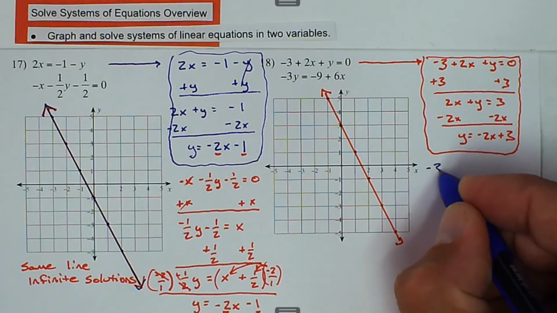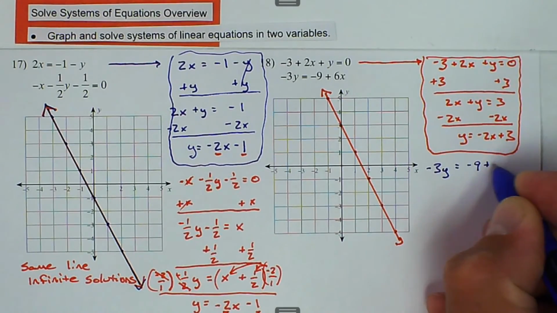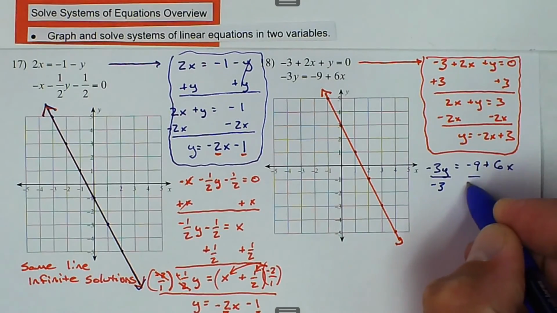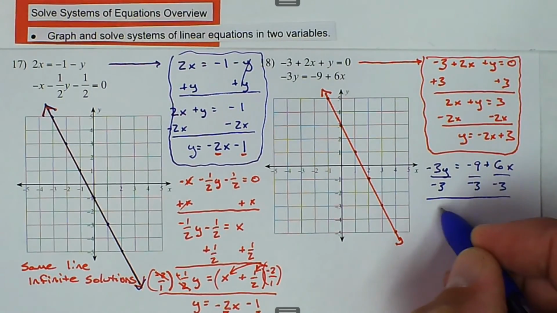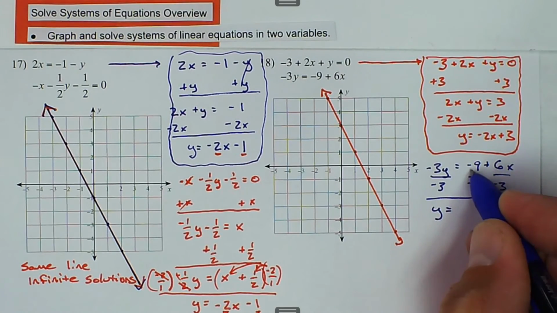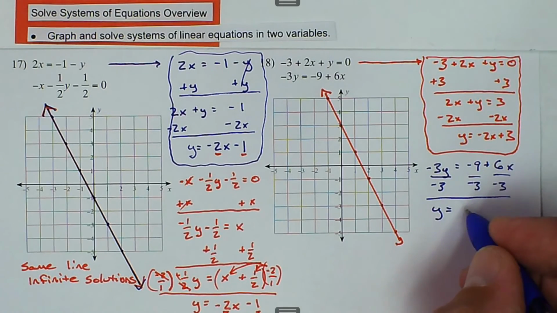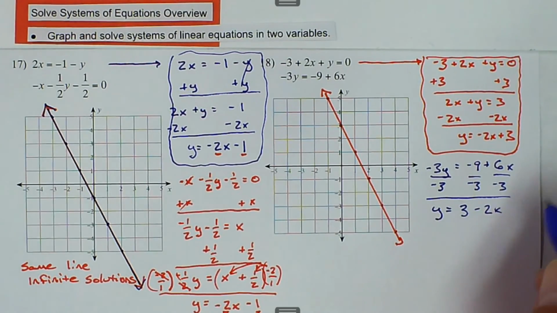So we have negative 3y equals negative 9 plus 6x. So we can divide by negative 3 to get y by itself. And we get y equals negative divided by negative is positive, and 9 divided by 3 is 3, and 6 divided by negative 3 is negative 2x.